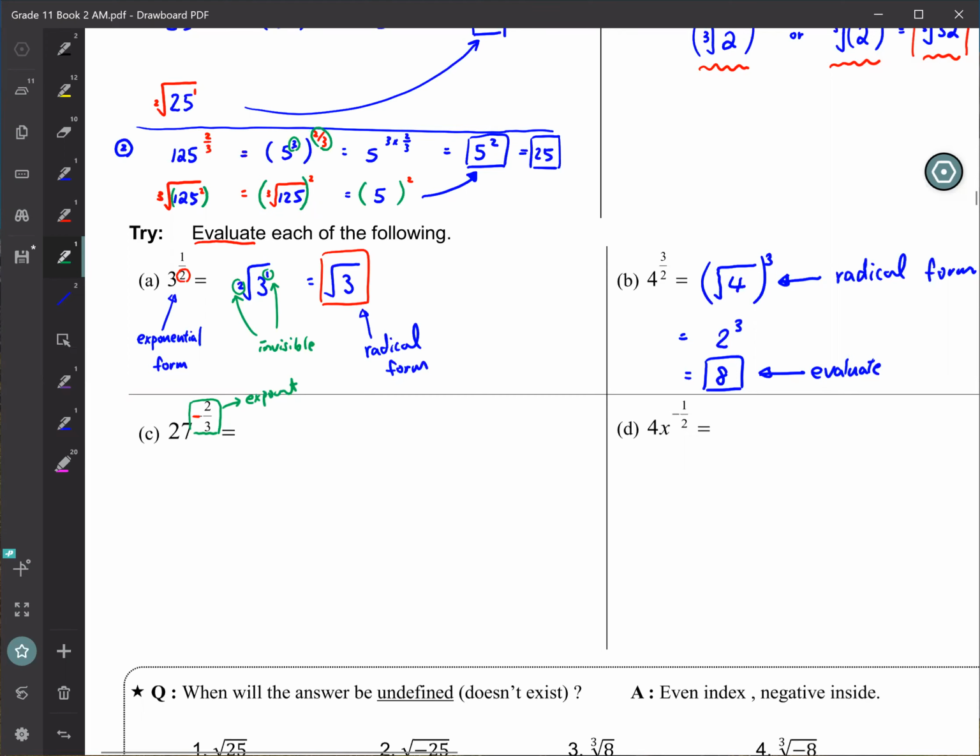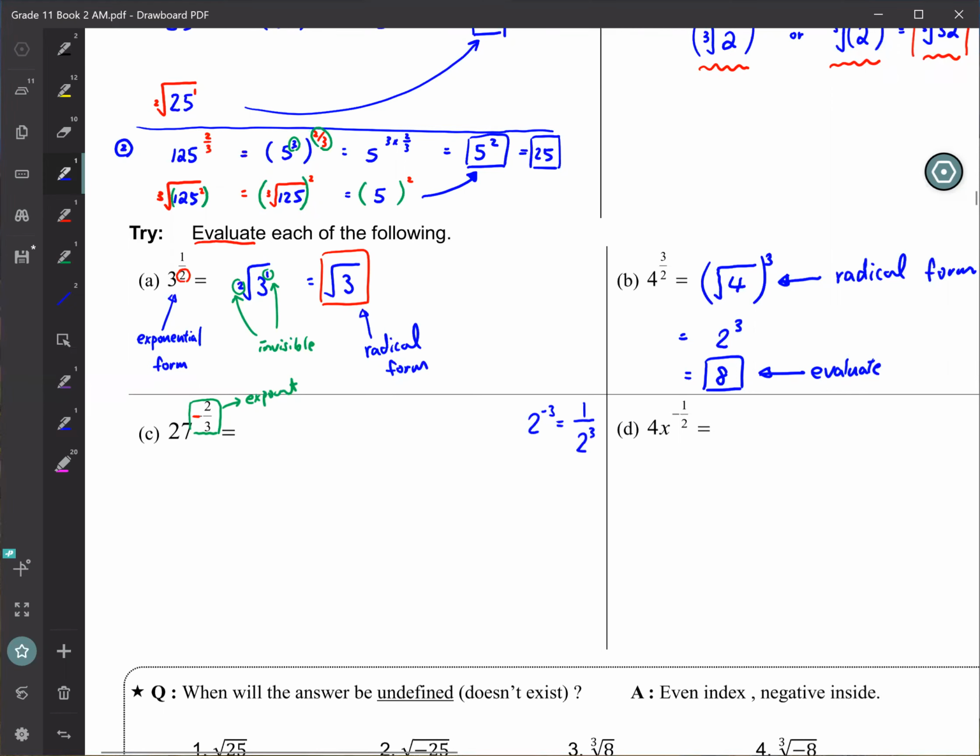So you just do it in the order that you learn, right? You learn negative exponent first. Remember when you have 2 to the negative 3, it will flip and become 1 over 2 cubed. So that's how you use up the negative sign.